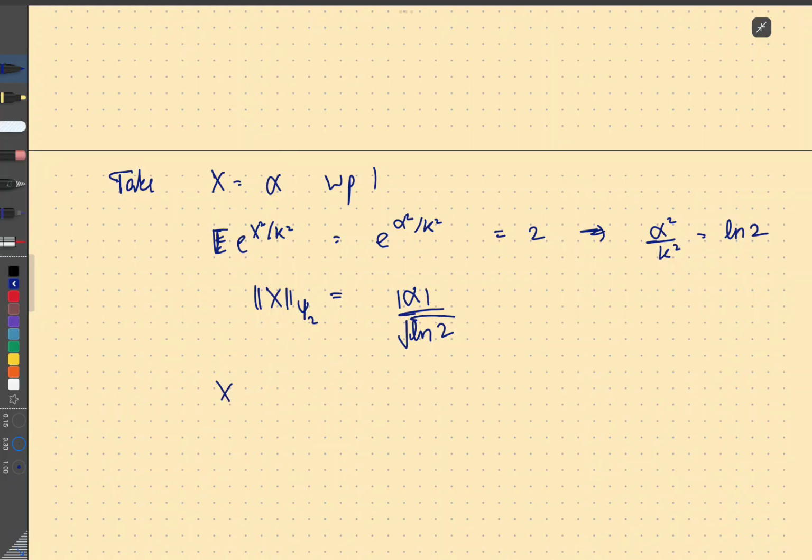Now, suppose that x and y are both constant random variables. Let's say positive. Take x equal to alpha with probability 1, y equal to beta with probability 1.